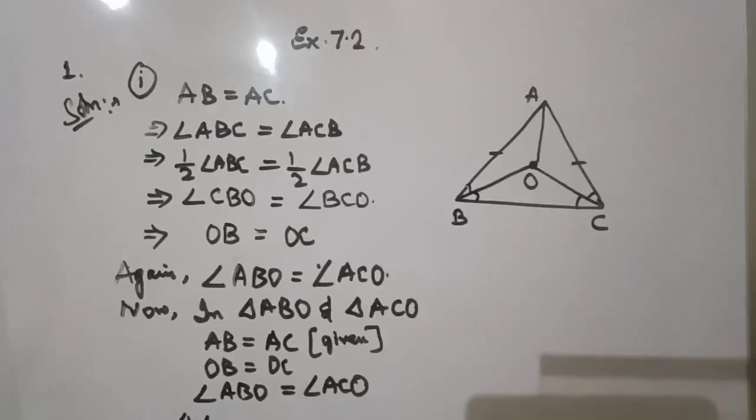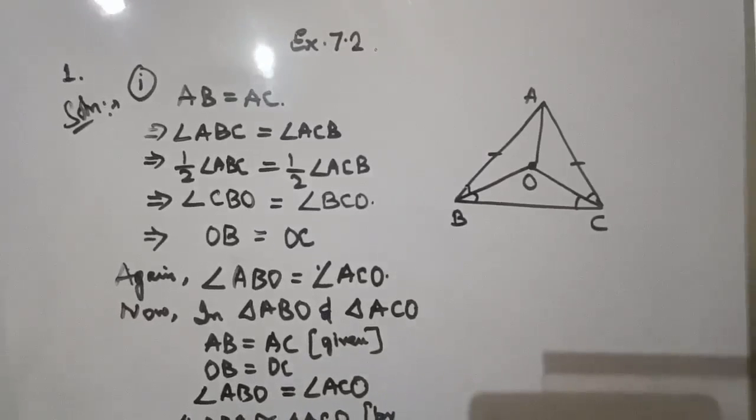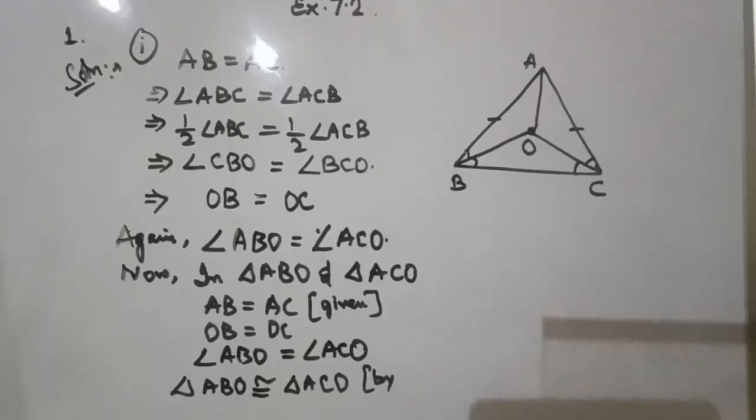triangle ABO is congruent to triangle ACO by SAS congruence rule.